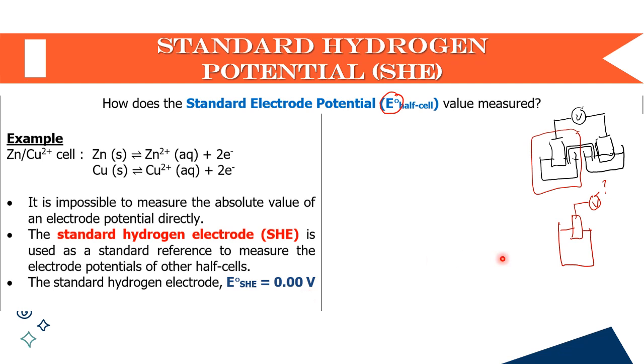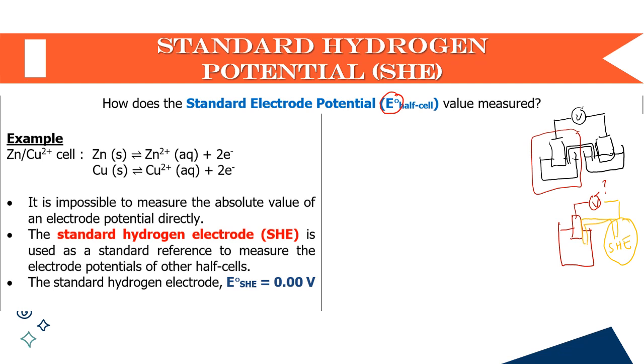So your SRP table is constructed by having one half cell over here connected to SHE, with a setup for SHE over here, connected by a salt bridge.